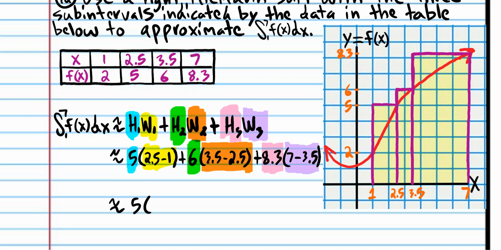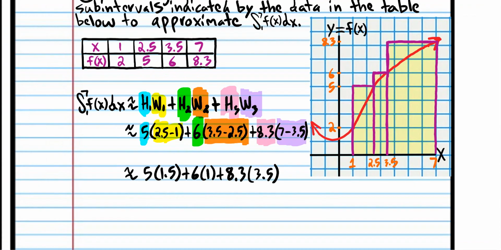So we have 5 times 1.5 plus 6 times 1 plus 8.3 times 3.5, actually, that should be 3.5. So now all we have to do is calculate. So 5 times 1.5 is 7.5.